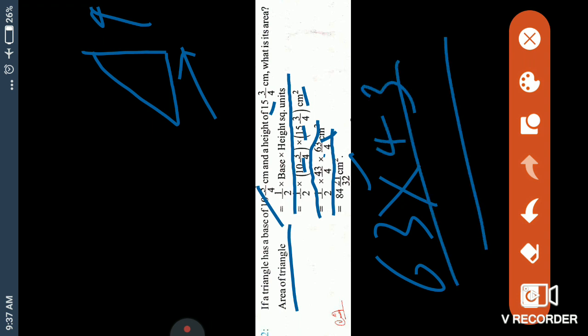After finding the answer, when it comes as an improper fraction where the numerator is greater than the denominator, we divide the numerator by 32, and it will give 84 complete 21 upon 32.